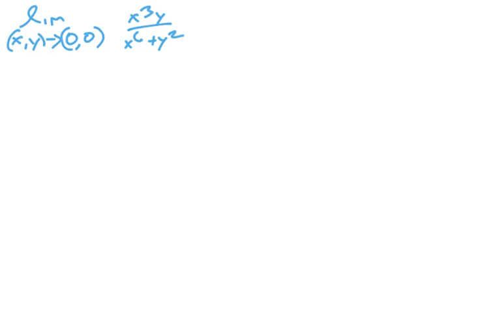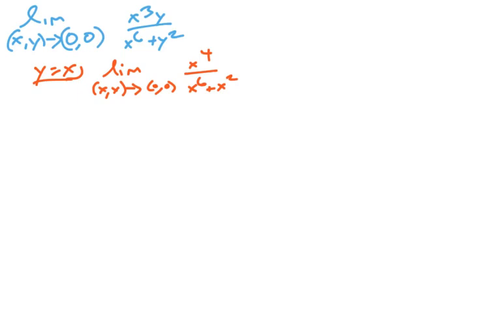The first one that I'm going to do is just along the line y equals x. In this case, I'm going to be doing the basic limit of x going to 0, 0. And then all my y's just become x's, right? So I get x to the 4th up here, and then x to the 6th plus another x squared.